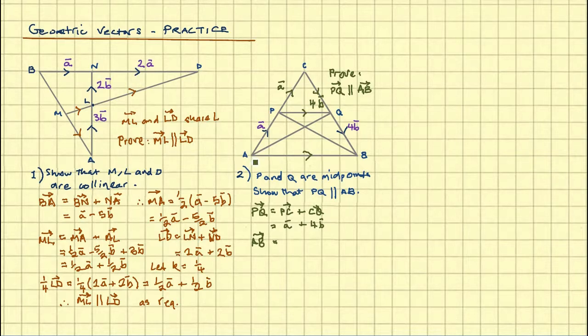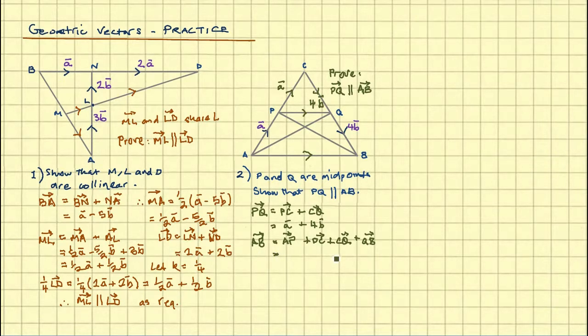But to get there, we're going to go from A to P, and then from P to C, then down from C to Q, and down still from Q to B. And all the vectors very nicely pointing in the right direction, so very easy.